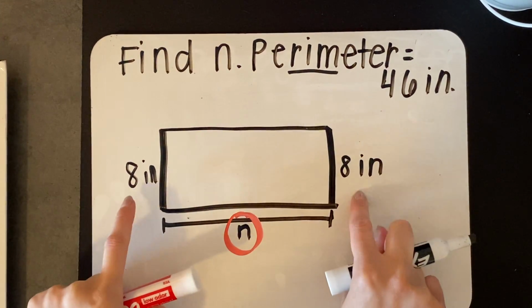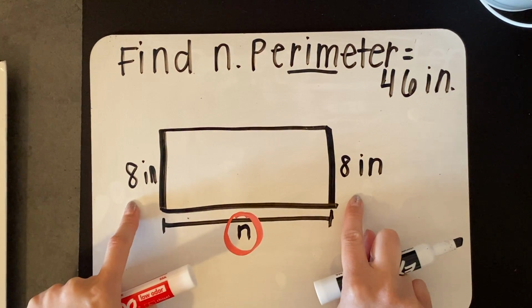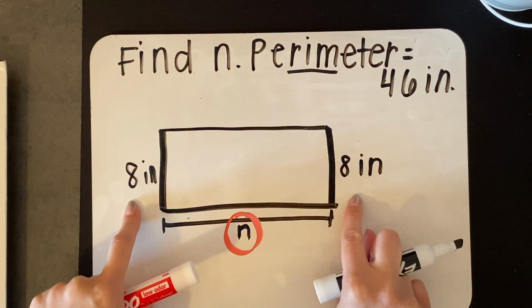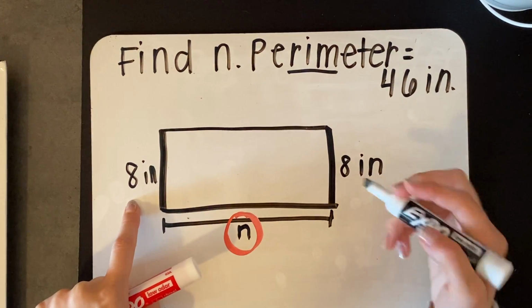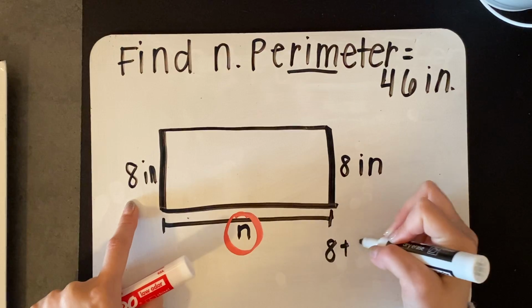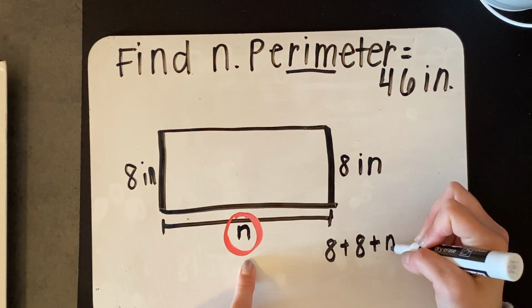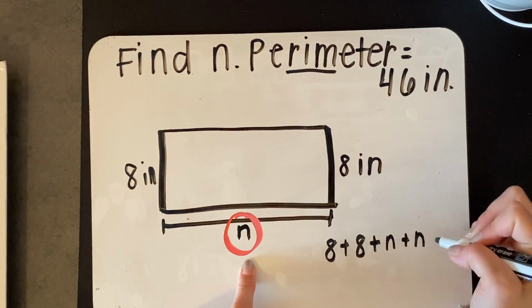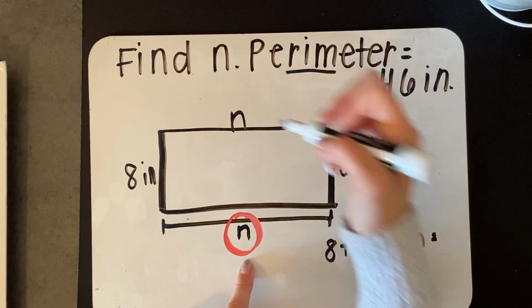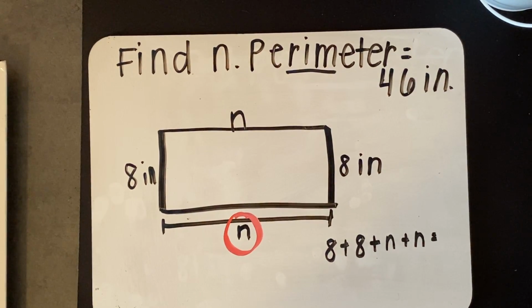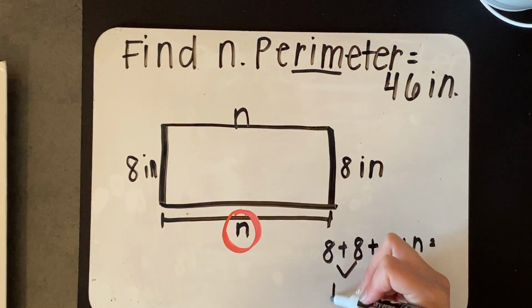I know that these two lengths are 8 each. So let me figure out what numbers we already have. We have 8 and 8 plus N and another N on this side. I know 8 plus 8 is 16.